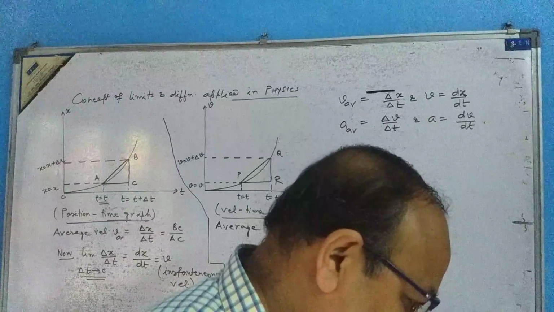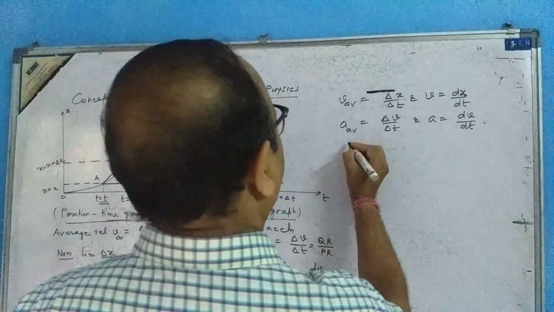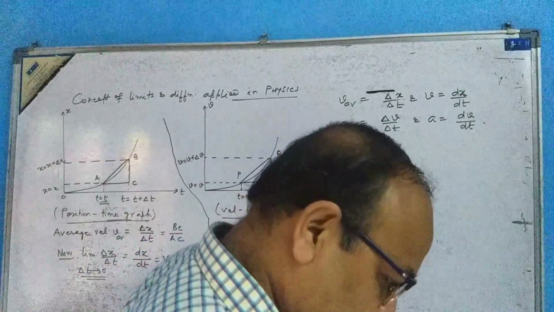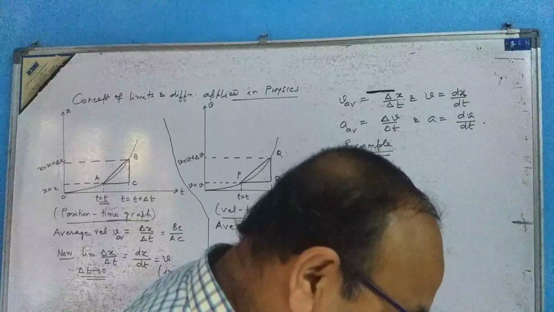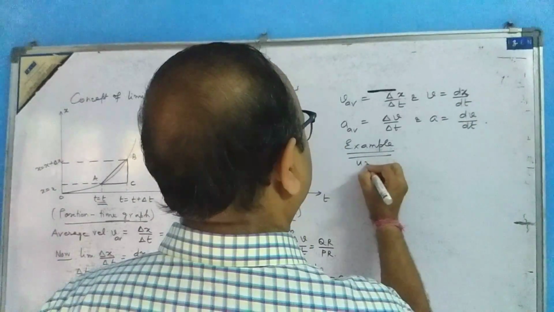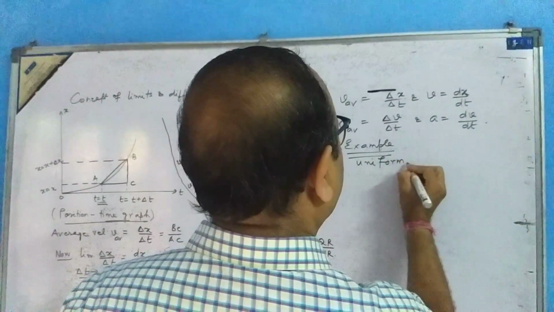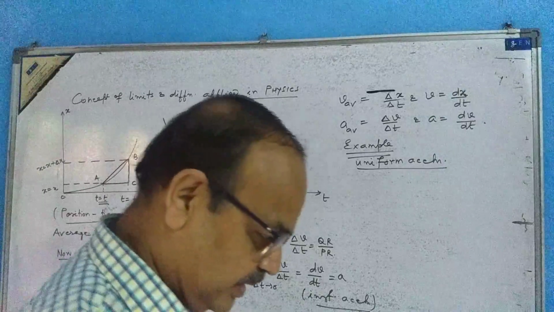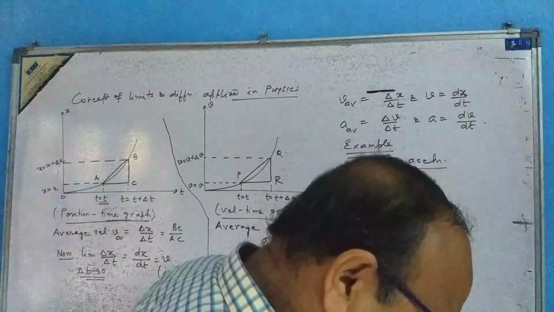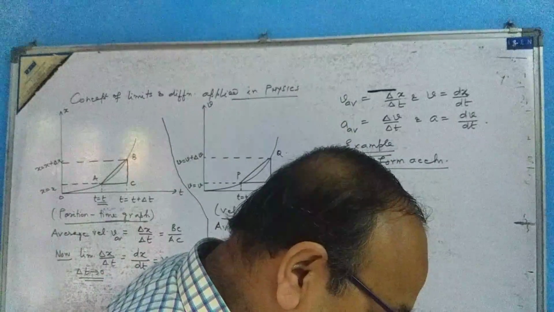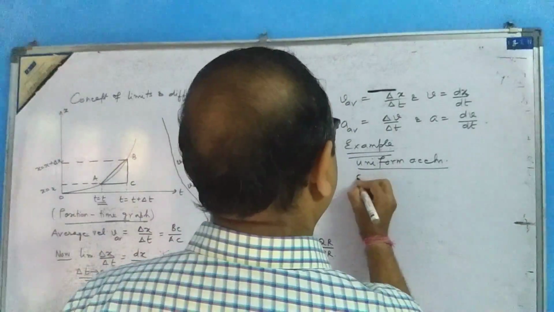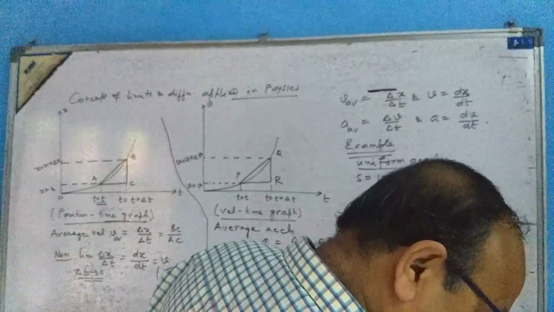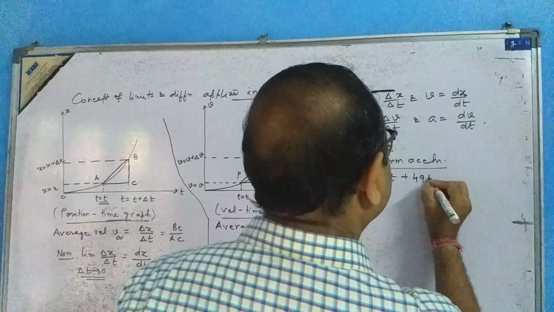So, for example, I give you an example in the form of a numerical. The question is, a particle is moving with uniform acceleration. Just listen to the question. And its displacement is given by s is equal to 10t plus 4.9t square.